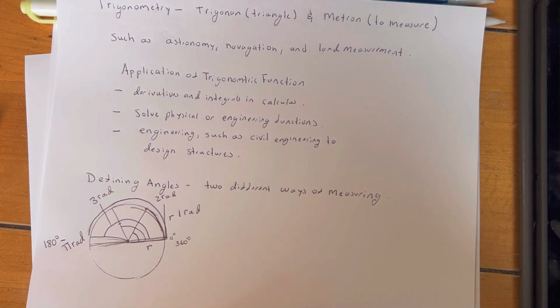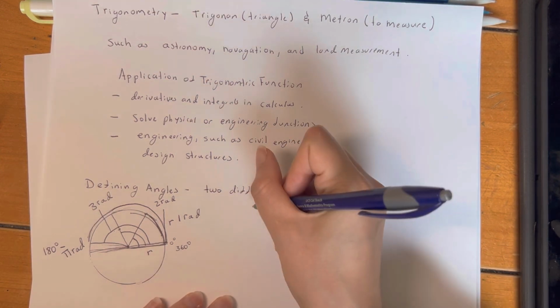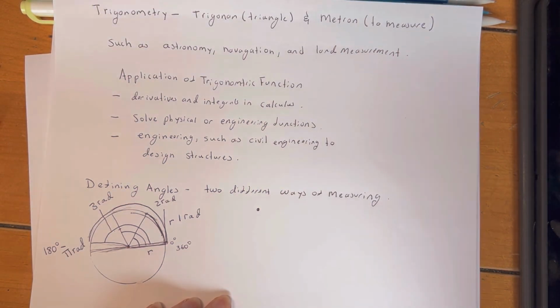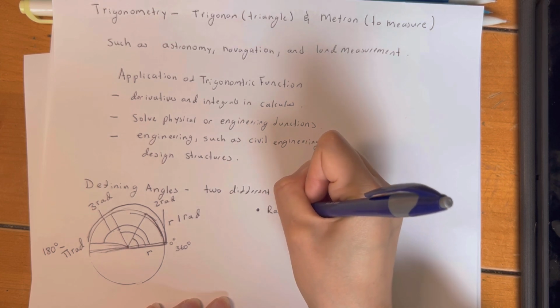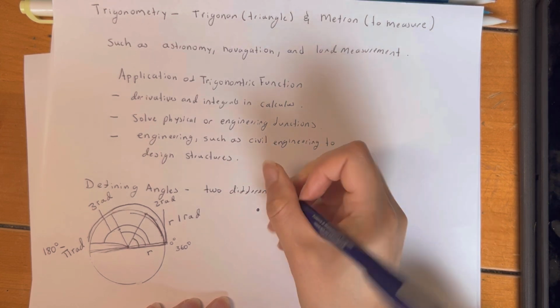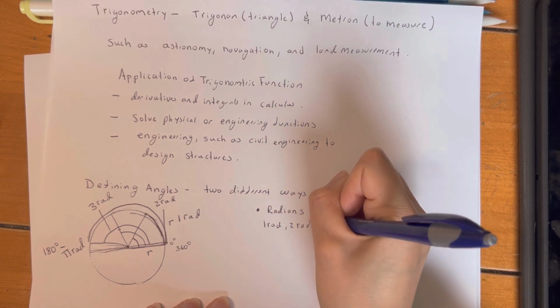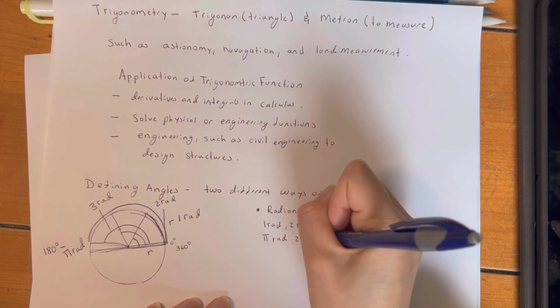So, as we can see, there are 2 different ways of measuring angles. We have radians: 1 rad, 2 rad, pi rad, 2 pi rad.